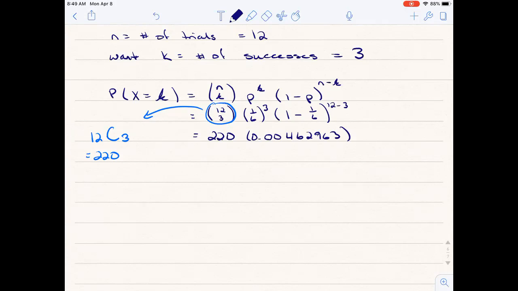Then 5 over 6 to the power of 9, which is 0.193806699.